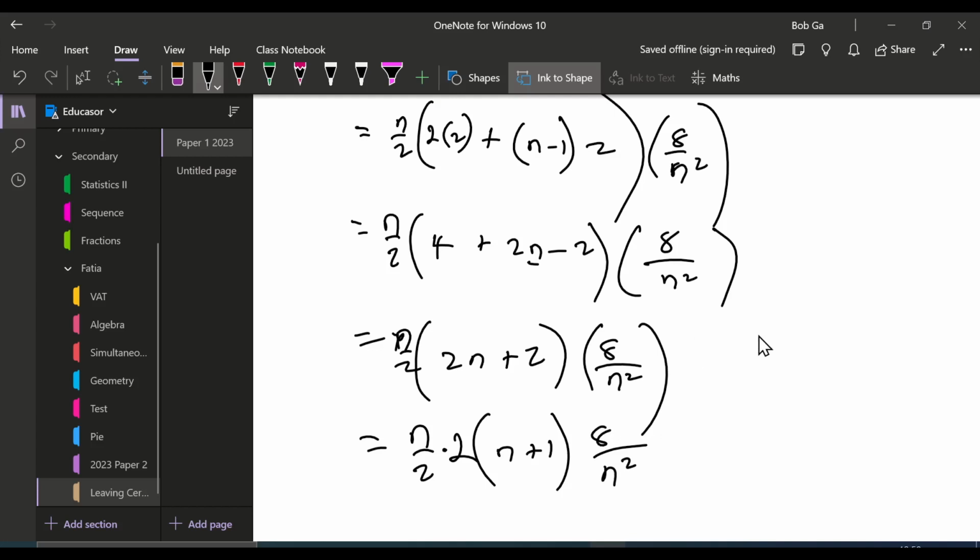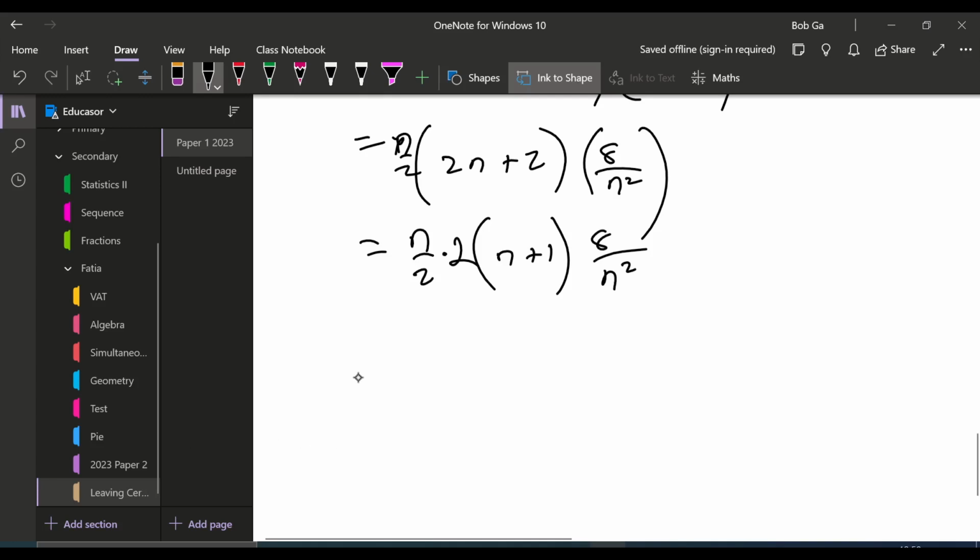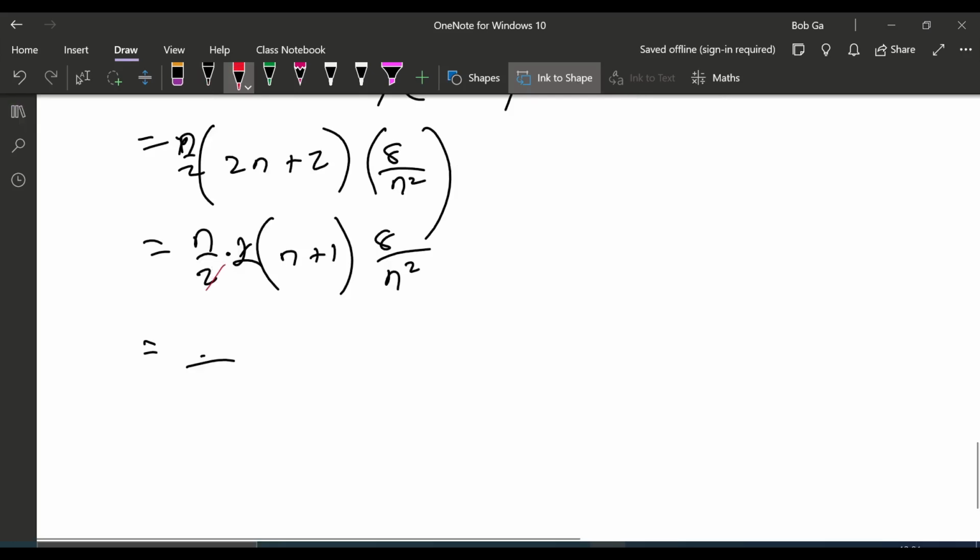Okay, this gives me, these 2 will cancel these 2, and then we're going to have n into n plus 1 and 8 over n squared. So we see now that we multiply these outside ones, leaving the brackets intact first.